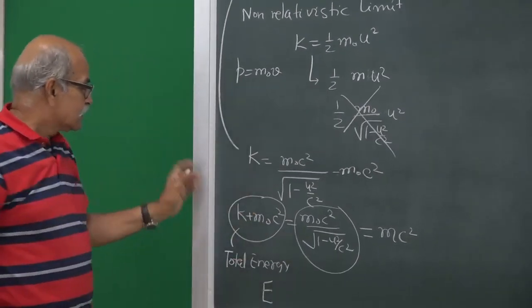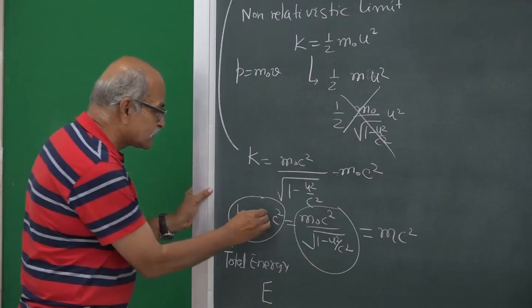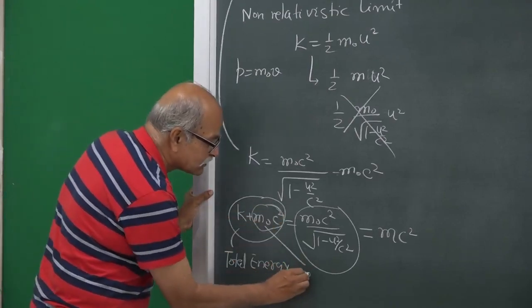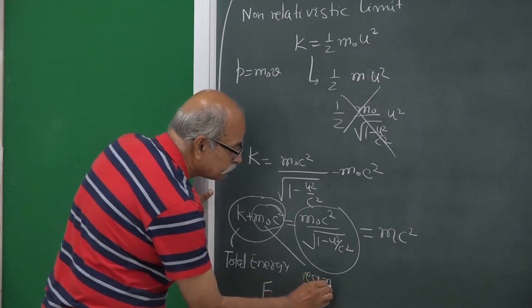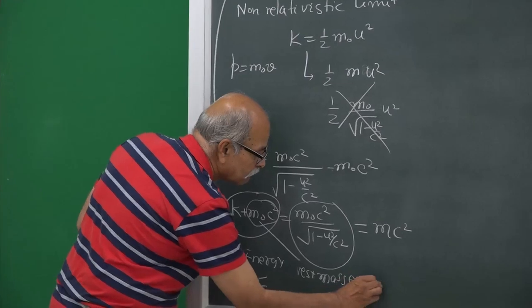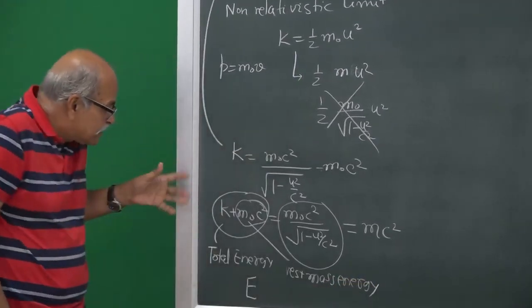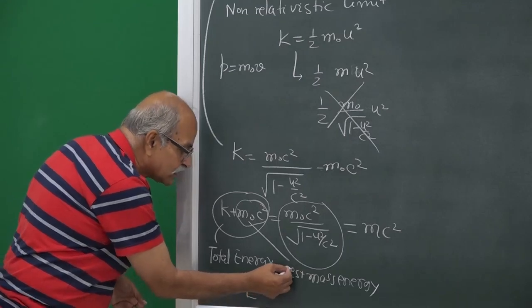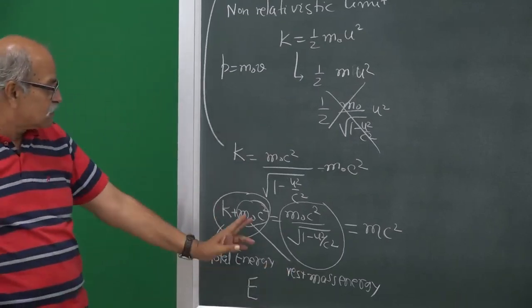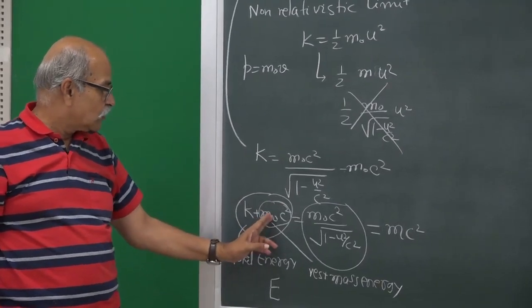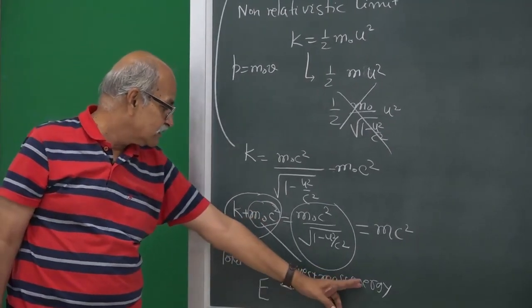This quantity m naught c square is called rest mass energy. We are defining the terms. The physical significance we will discuss later, but we are just defining the terms.